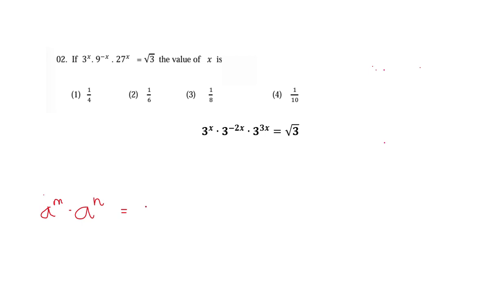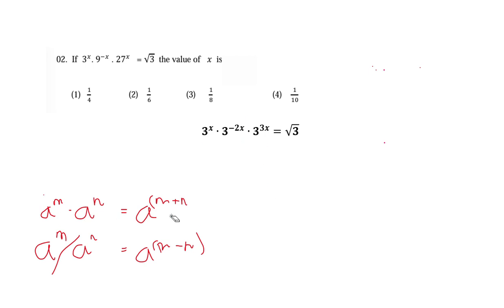Okay, this will be similar to a to the power m plus n, where first we're taking m plus n and then we are raising a to that value. Now if you have a to the power m divided by a to the power n, this is the complete opposite of the thing that we did here. It'll be a to the power m minus n. So like this will be the demonstration of that part.